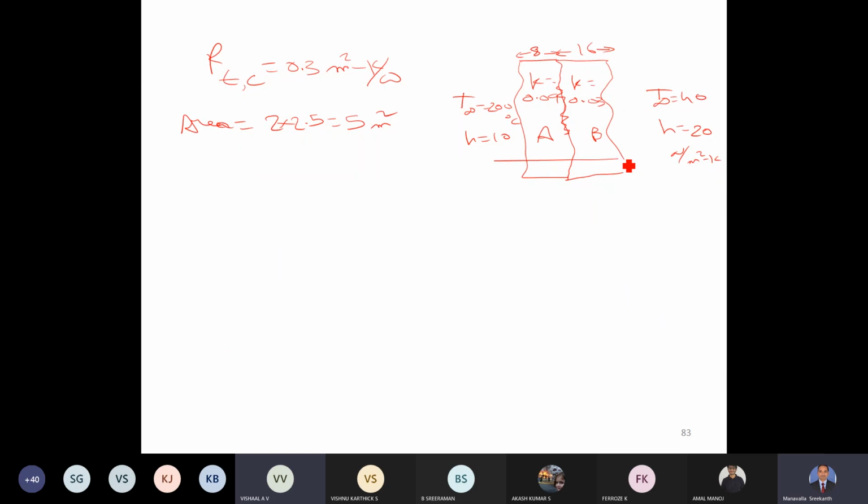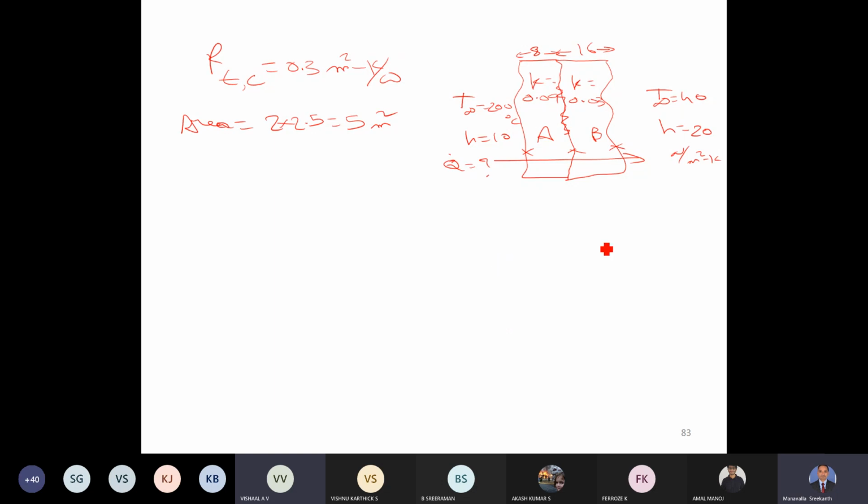So this will be the heat transfer. Let us say the left hand side is 200 degrees Celsius, the right hand side 40 degrees Celsius. This should be the direction of the heat transfer. So we are asked to find the value of Q, the rate of heat transfer, and also the temperature at these points. Only then will we be able to find out the temperature distribution.